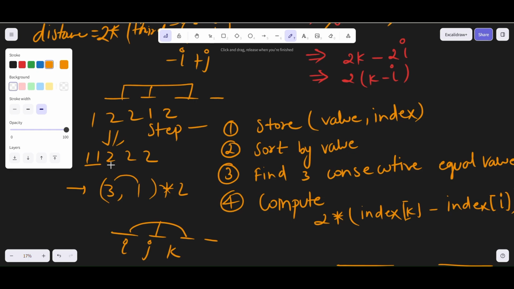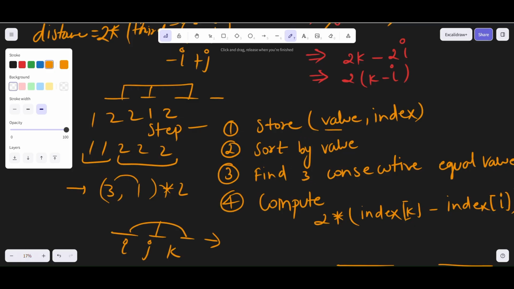So all equal values will be together and all unequal values on the other side. And we can also sort on the basis of index. So here the indexes are also sorted and the values are also sorted. Then you can easily find the distance.